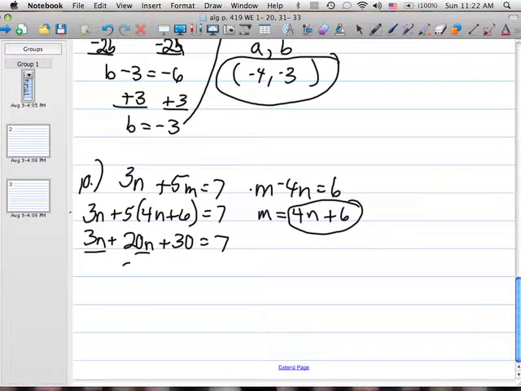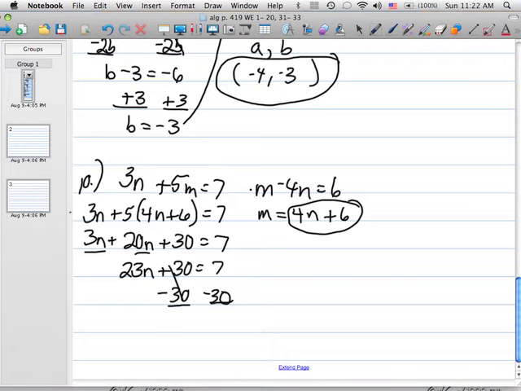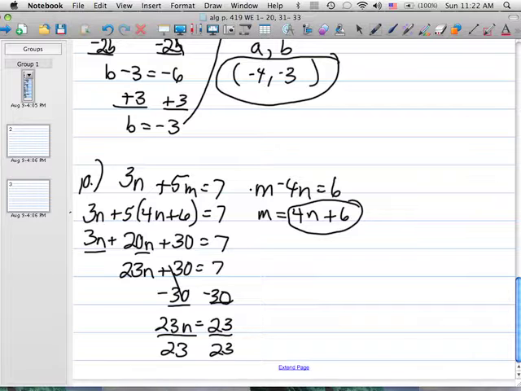Collecting like terms, we have 23n plus 30 equals 7. Solving for n, subtract 30 first from both sides. And we get negative 23n equals negative 23. Divide by negative 23, so n equals negative 1.